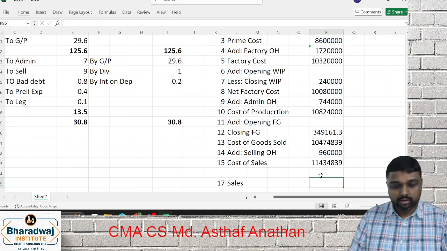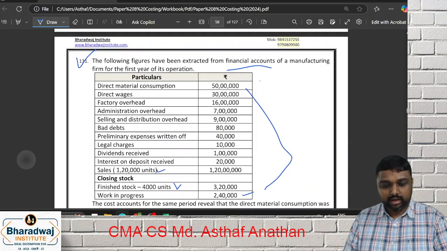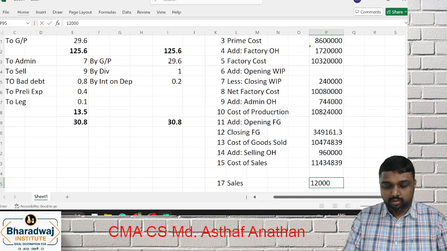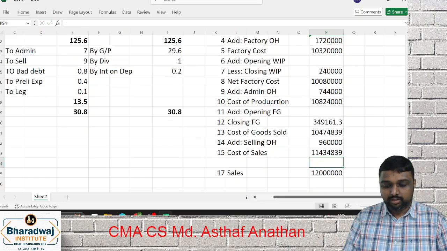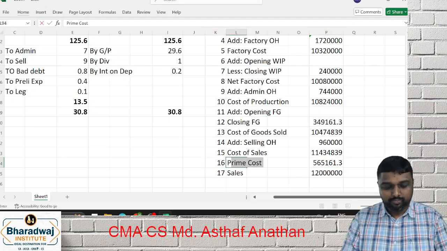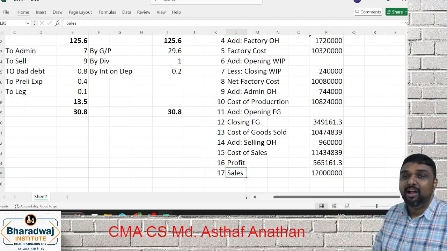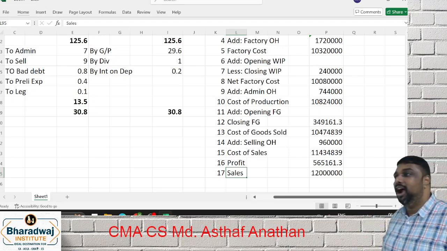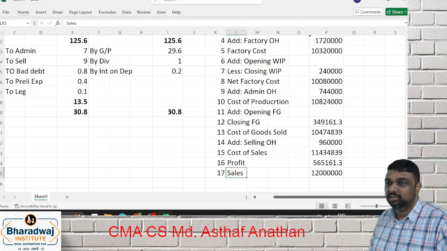Sales value is 120 lakh, correct? So the difference is profit. This profit is called profit as per cost accounts.